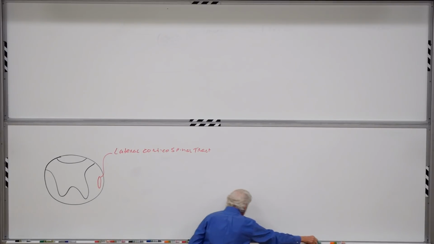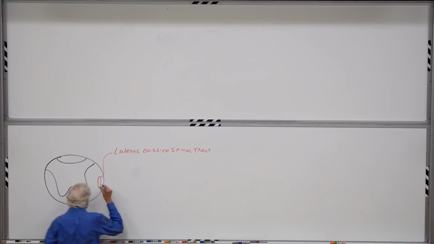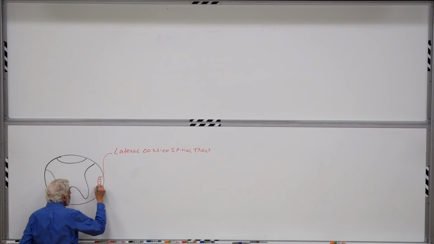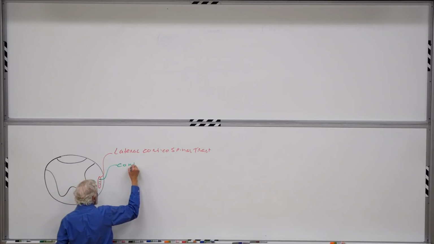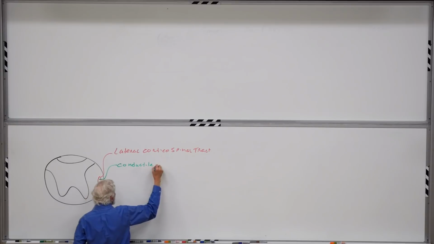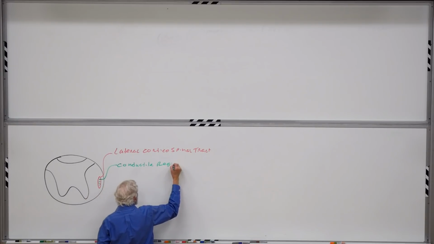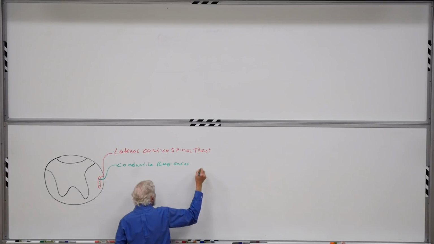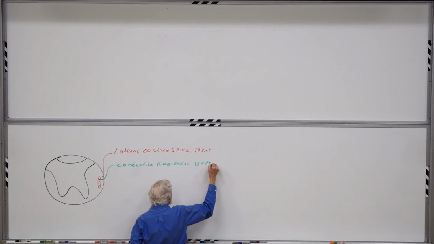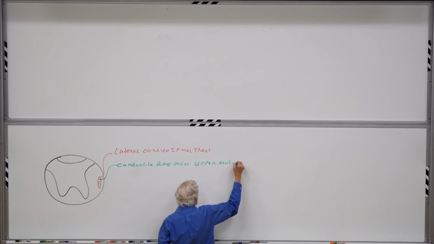And in the lateral corticospinal tract, we see the axonal regions. I'm going to show these as green dots. These are the axonal regions of the upper motor neurons.